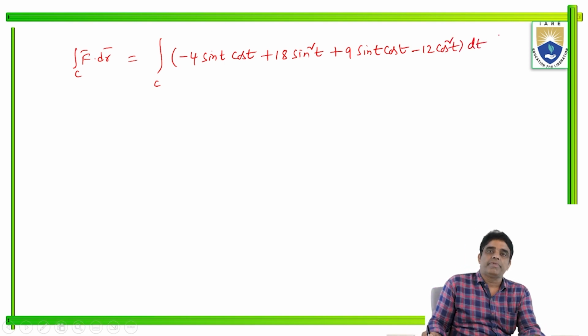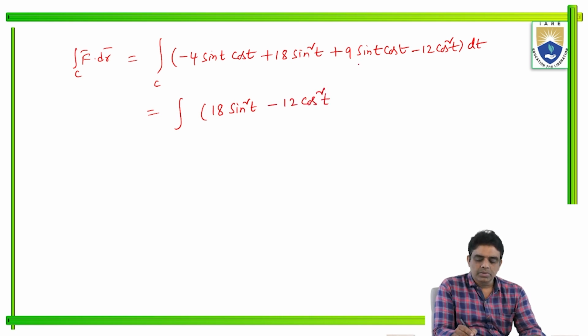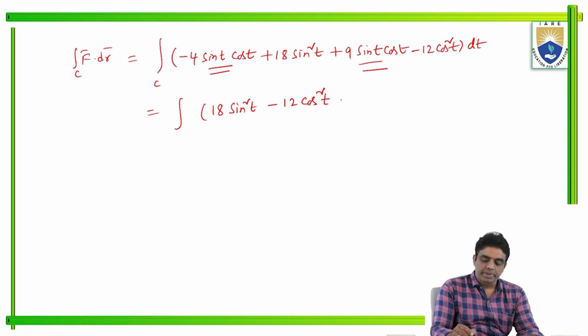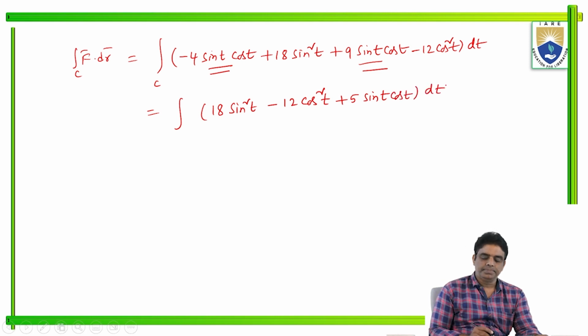So on simplifying, we get 18 sin square t as one term, minus 12 cos square t as one term, and 9 sin t cos t minus 4 sin t cos t, that will be 5 sin t cos t, of dt.